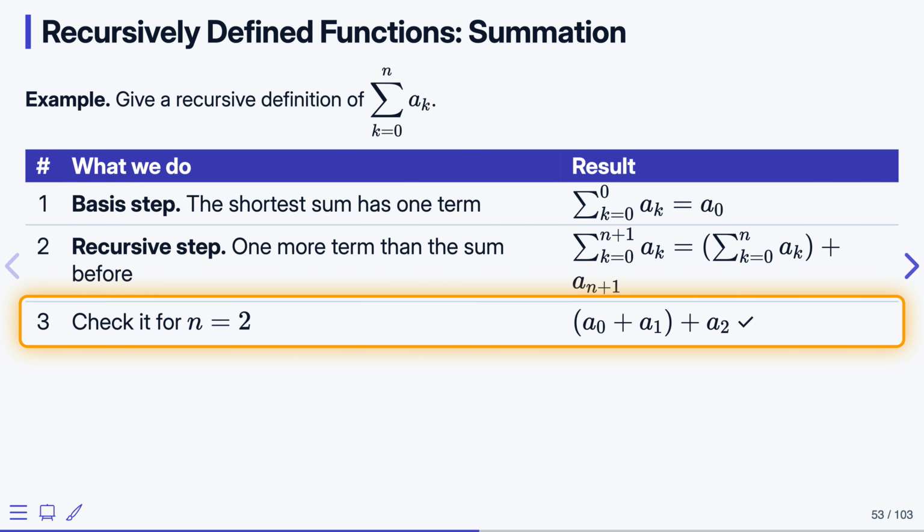Step 3. Let's check it. For n equal 2, the rule unfolds to the sum up to 1 plus a sub 2. The sum up to 1 unfolds again to a sub 0 plus a sub 1. So we get a sub 0 plus a sub 1 plus a sub 2. That is right. Each new sum reuses the sum before it.